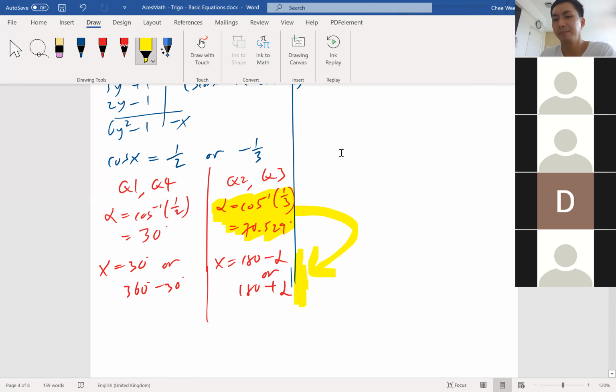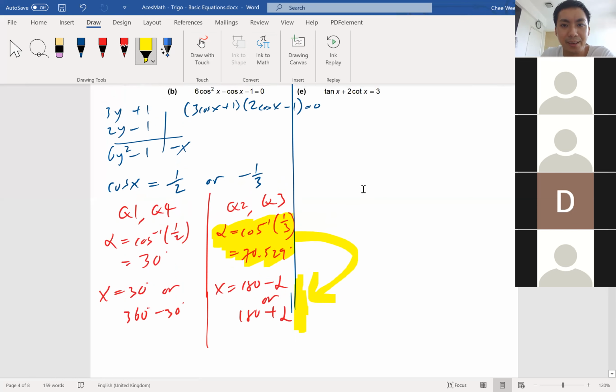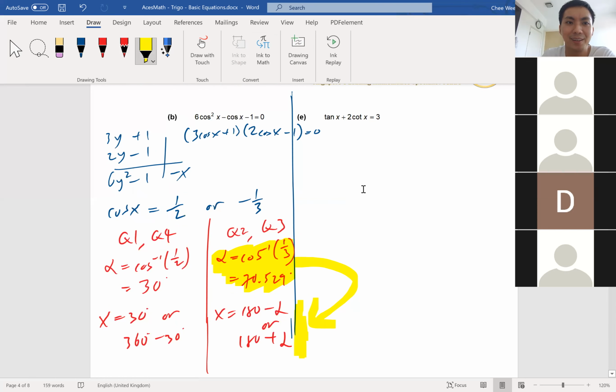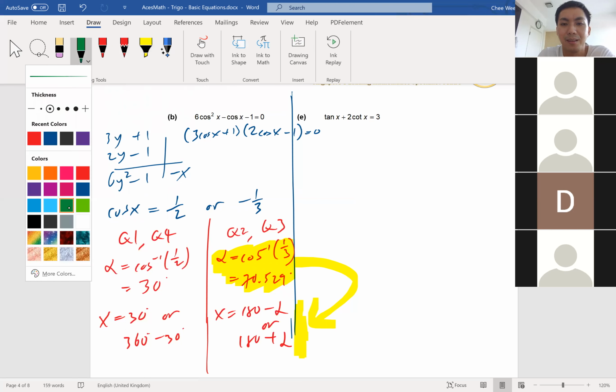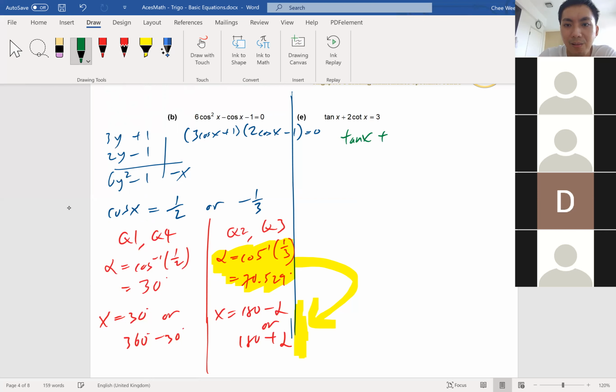Okay, David, you will try part E on the right. So tan x plus 2 over tan x is 3. So can I change tan x to, like, a? No, b, because we already have alpha.